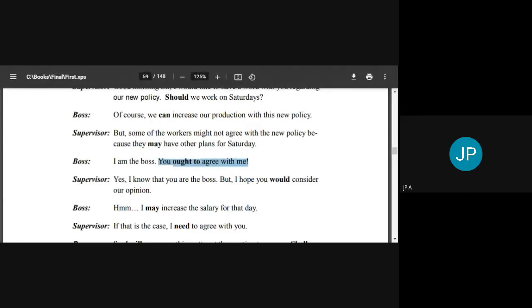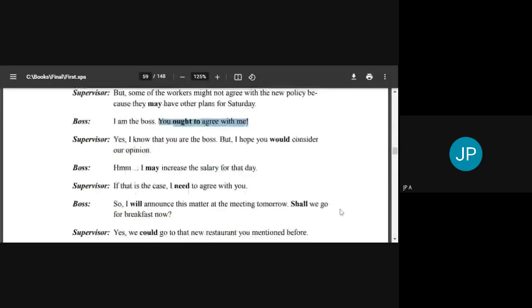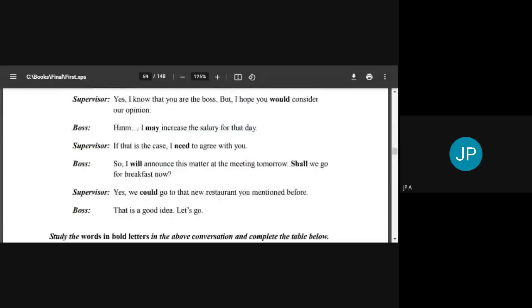So then the supervisor says, if that is the case, I need to agree with you. Okay. So if that is the case, I need to agree with you. So here, need is not necessity. What does it indicate? It indicates obligation.